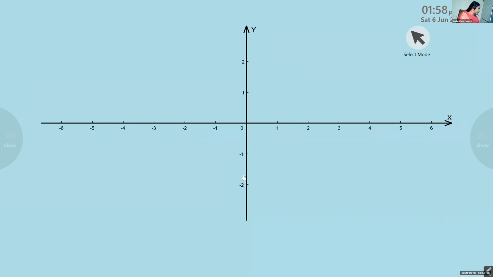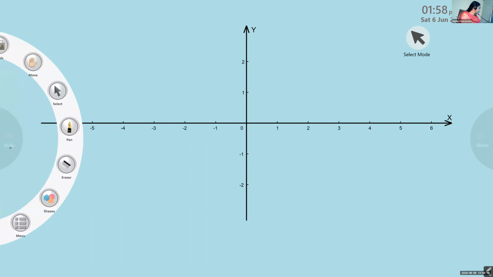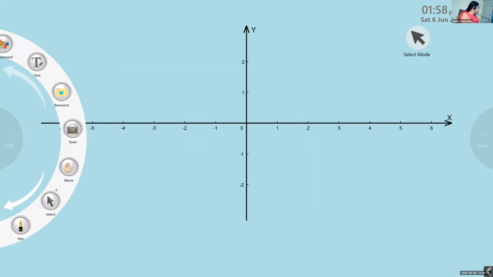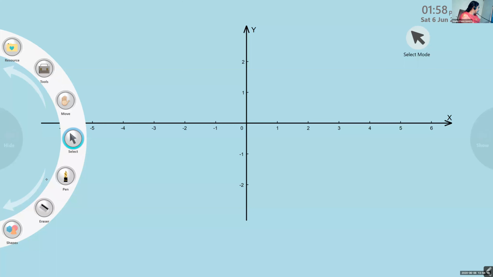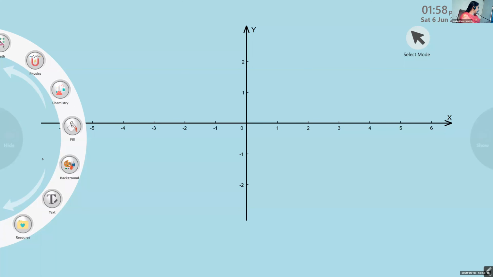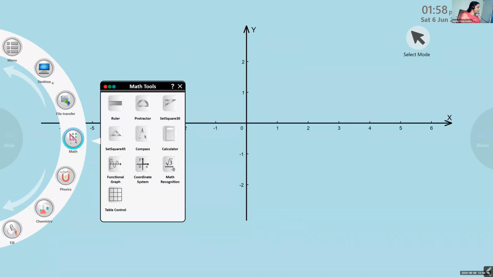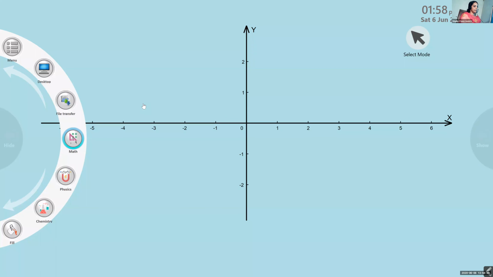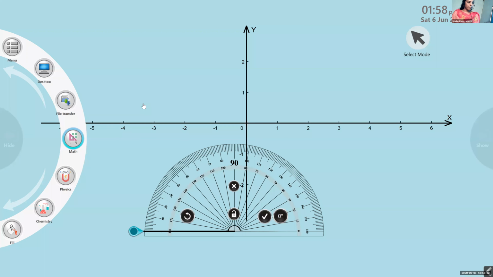I'll take the protractor again from the math tool. All of you show your protractors. Keep everything near to you, aside on your table.